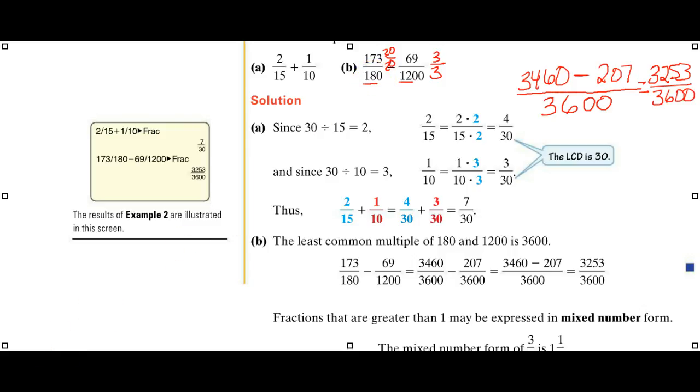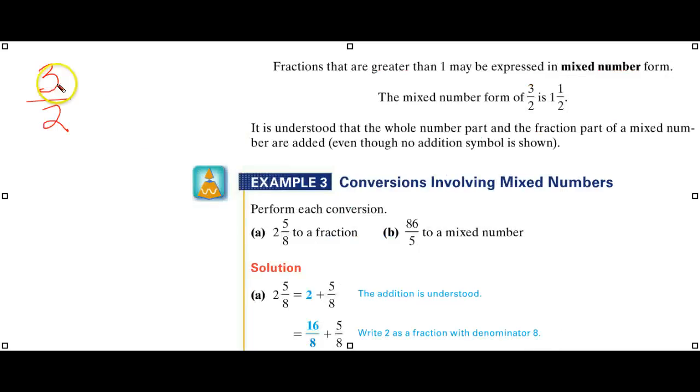Now, some other background. When the numerator of a fraction is larger than the denominator, we call this an improper fraction. And we can convert that to a whole number. 2 goes into 3 once, and there's a 1 left over as a remainder, and we get this.